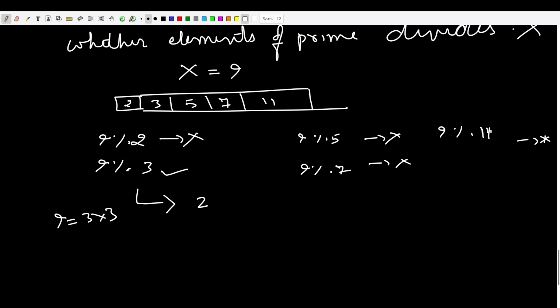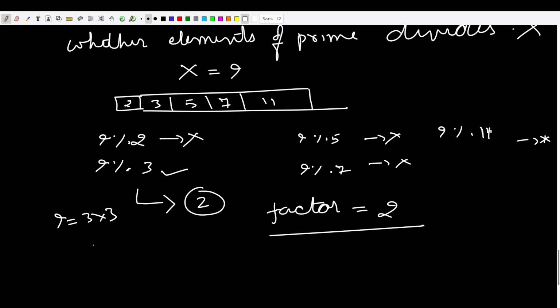In this particular case it is 2, and we will be maintaining a factor variable. So for the case of 9, 3 is the only factor, and 3 divides 9 2 times. So basically 3 squared, and this information will be there in the factor variable.